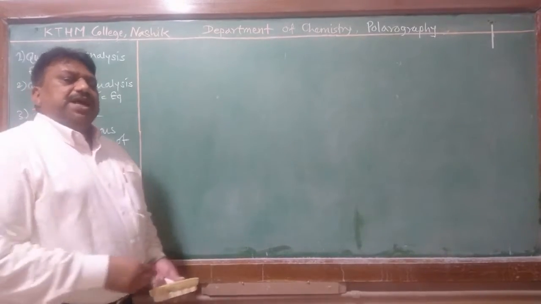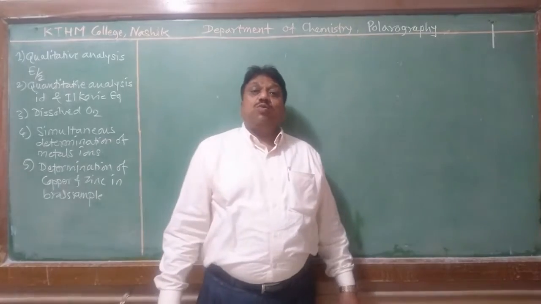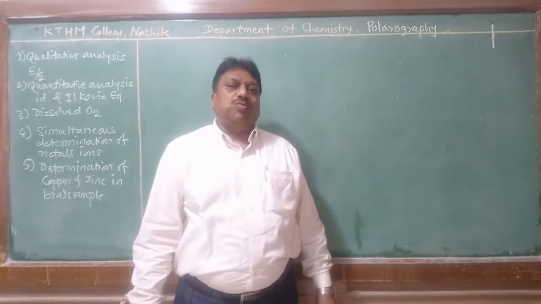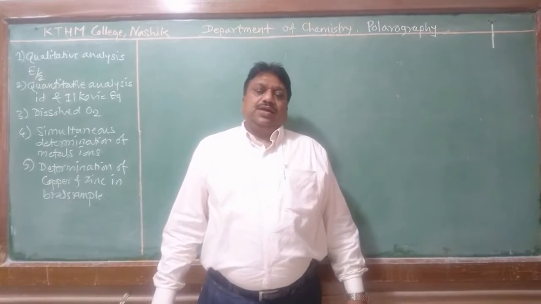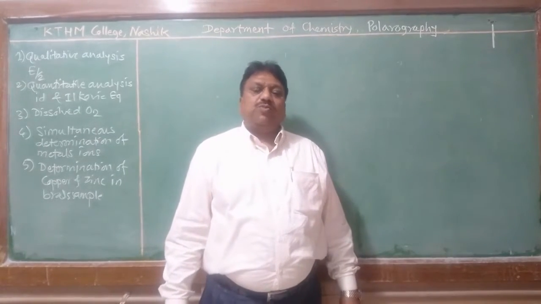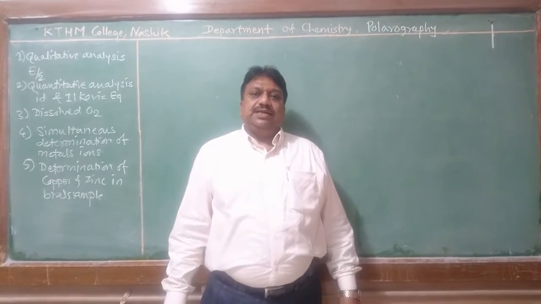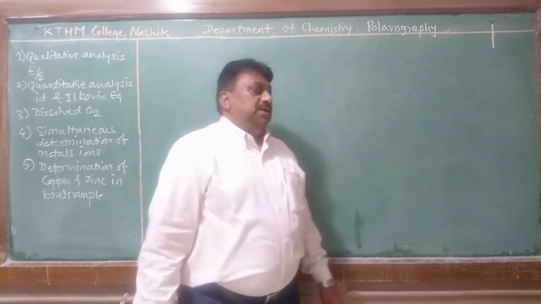Now we know that brass is an alloy. An alloy is a homogeneous solution of two or more metals. Here polarography is directly useful for determination of copper and zinc in a brass sample in a single analytical run.